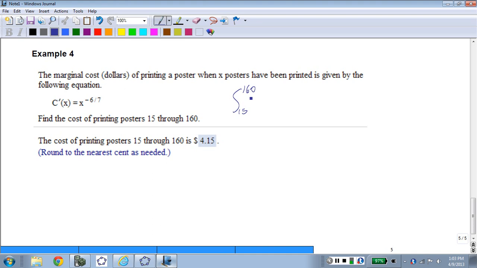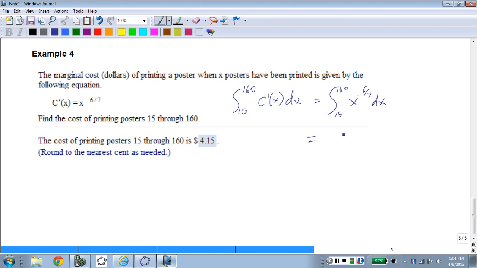I'm a little concerned that might not give me $4.15 though, so we may need to correct that a little bit. C prime of x dx, this is going to be the integral from 15 to 160 of x to the negative 6/7 dx. Going to add 1 to the exponent. How about multiply by the reciprocal of the new exponent that we get?